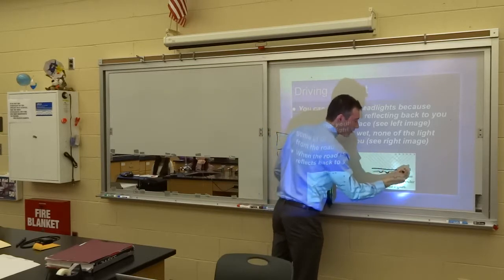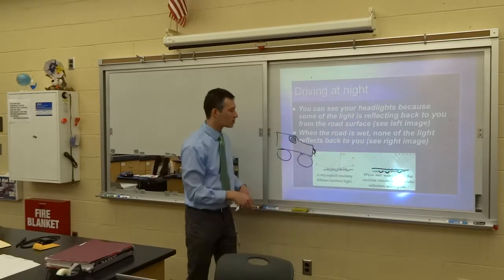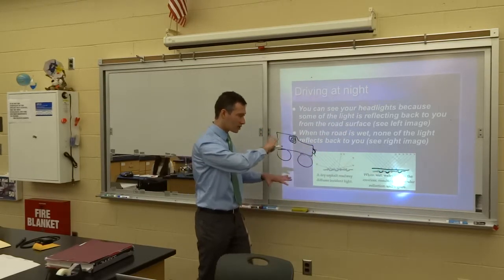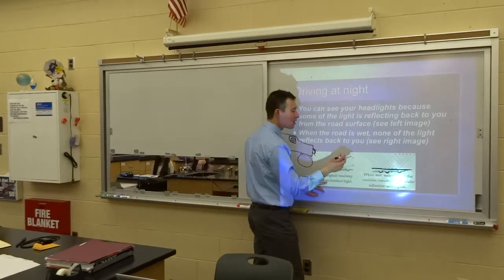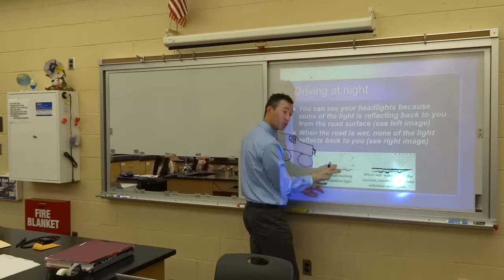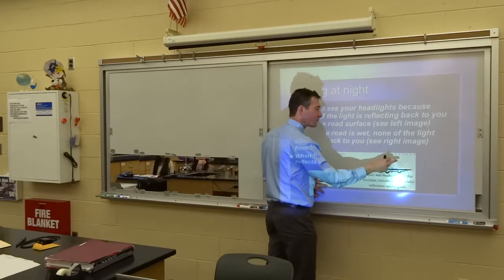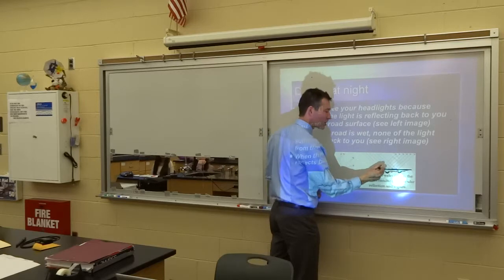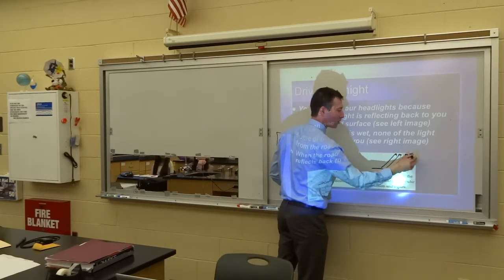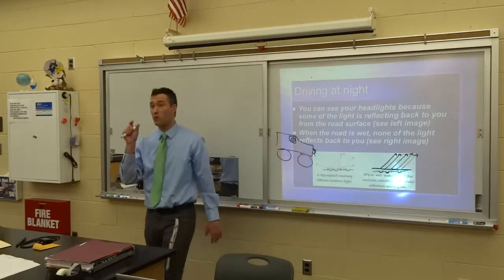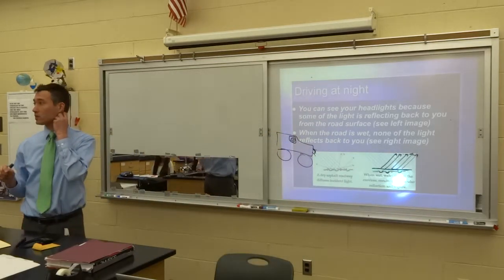So if we have all those little nooks and crannies submerged, and we have a very flat surface of water, then we're going to go from diffuse reflection with the rough surface to specular reflection with the smooth surface. And how many of those 6 rays is Ben going to see now? I think I lost one again. None, right? And he won't even be able to tell that his headlights are on.